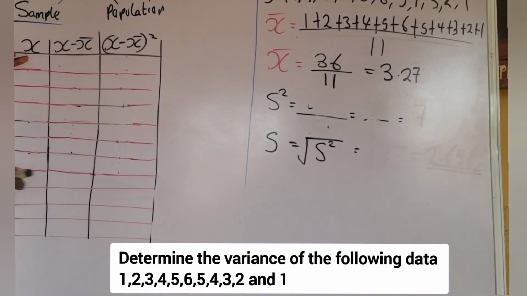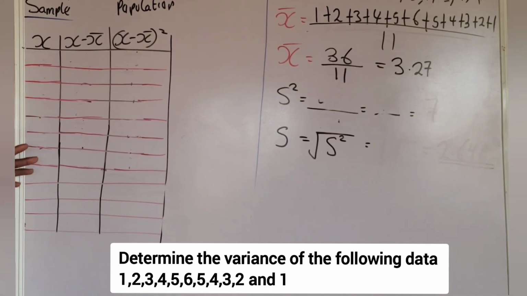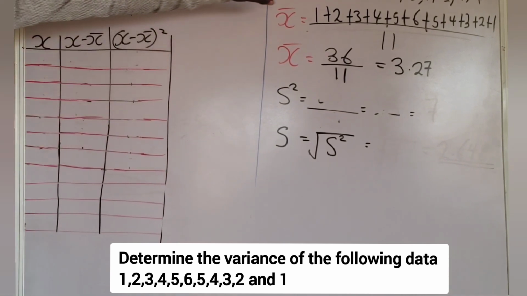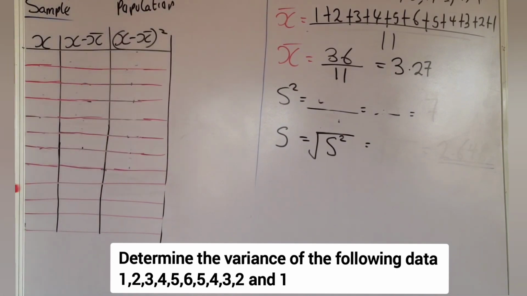We are going to put all the values of our x in this column. Don't forget that x are the samples that we are given. So I'm going to have here 1 2 3 4 5 6 5 4 3 2 1. Now, x minus x bar is the deviation, you understand?